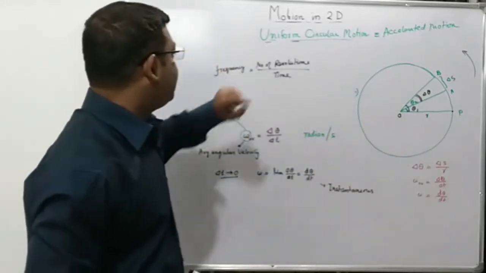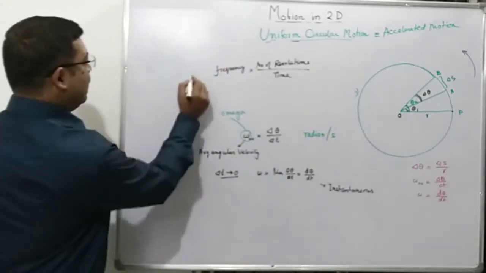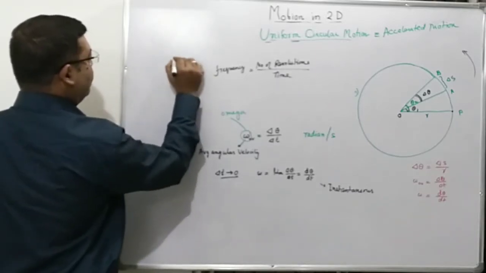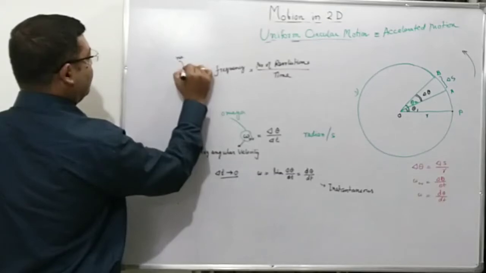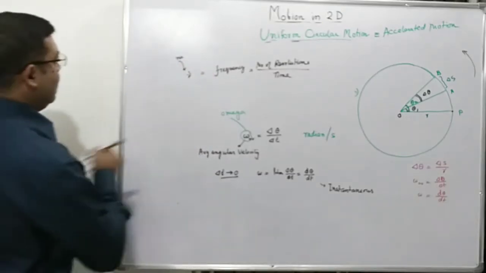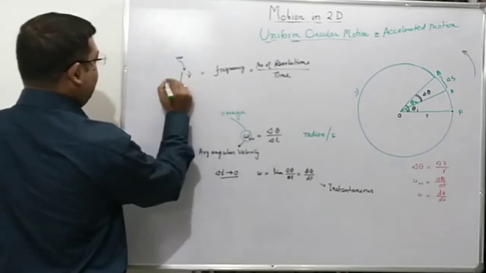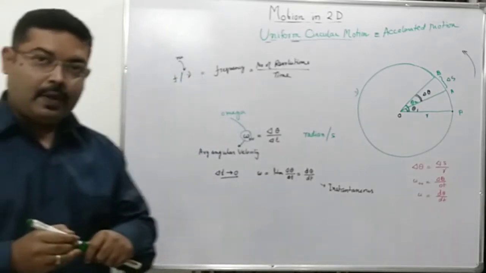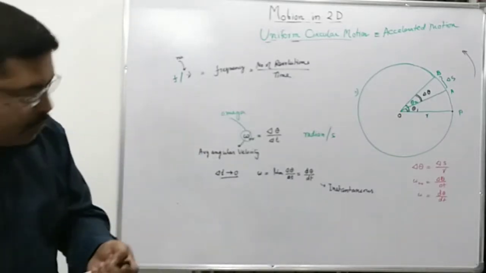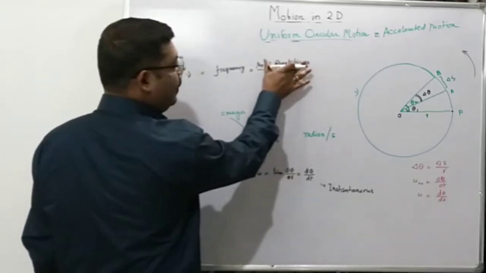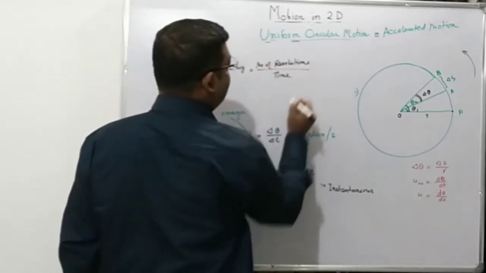This is given by this particular expression, and the symbol for frequency is nu, the Greek letter nu. In some books you will also find the alternate notation F for frequency. So frequency is nothing but how many revolutions it makes per unit time. So what's its unit?